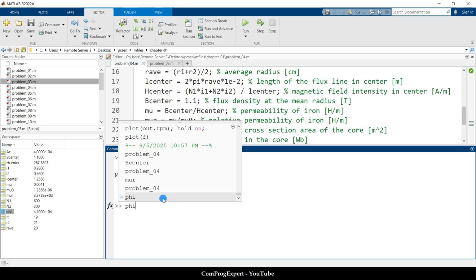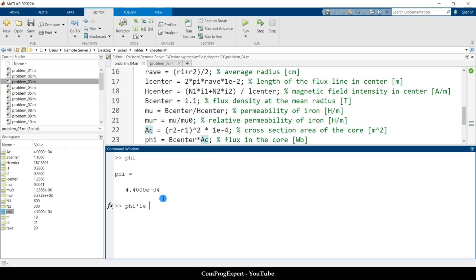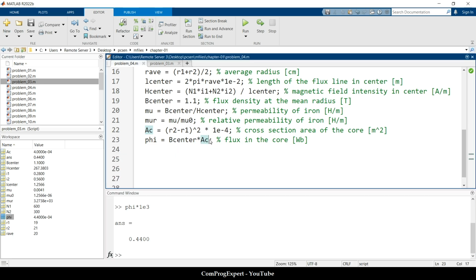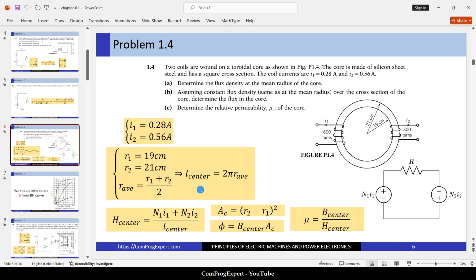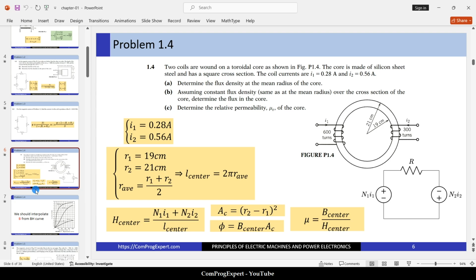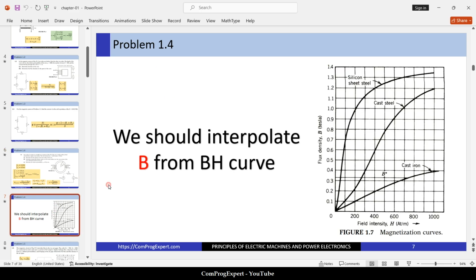Let's multiply this by 1e3 and calculate it in milliweber. 0.44 milliweber. So we solved this problem analytically considering these assumptions and this HP curve.